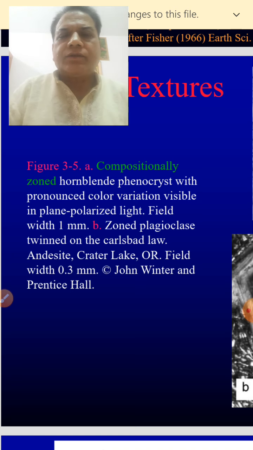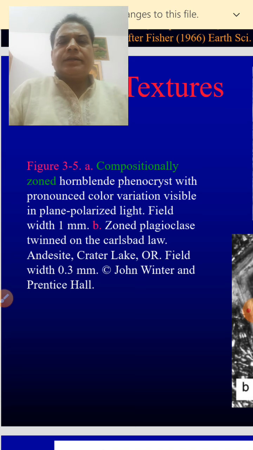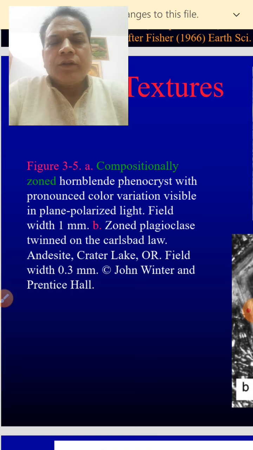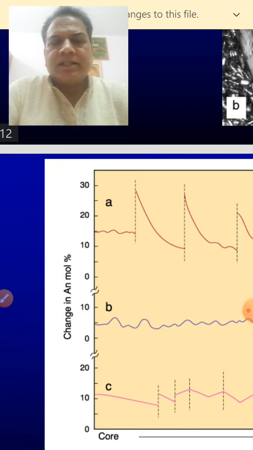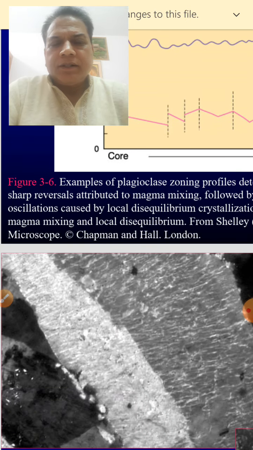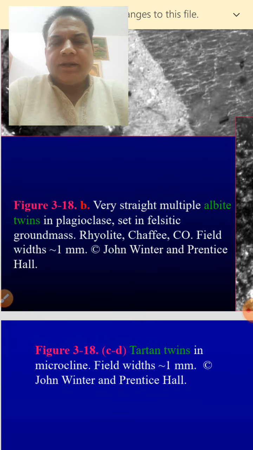If you take a section of this, there will be differences because of the cooling and crystallizing conditions. So different rock types, different minerals or grain sizes will be formed, and you will find this in the field.